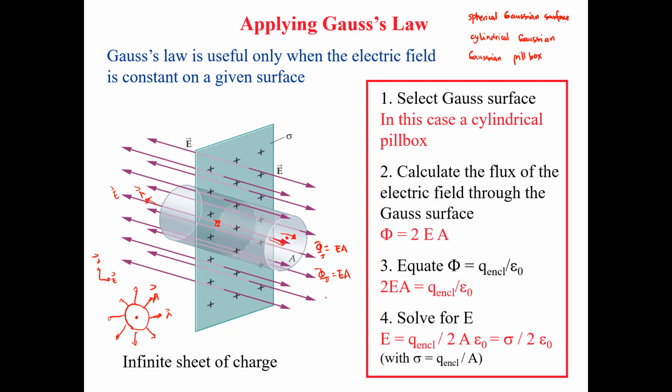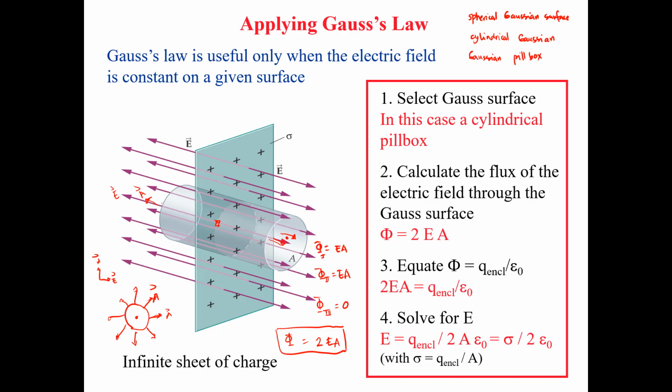Therefore, for the body, the flux in the third surface is equal to 0. Okay? So the total flux is just equal to phi sub 1 and phi sub 2, which is equal to 2 times EA. Okay? Nakuha ninyo, class? This is for an infinite sheet of charge.